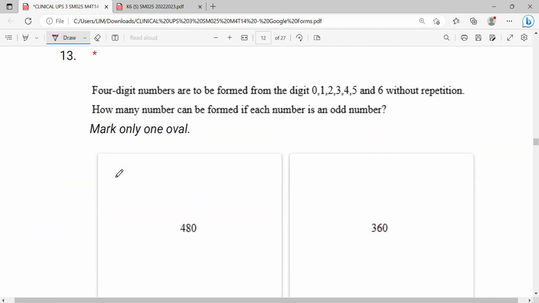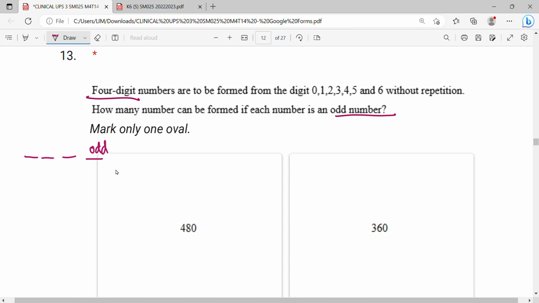4 digits without repetition. So your task here, 4 digits without repeating. So how many numbers can be formed? This is supposed to be an odd number. So when you want only odd numbers, it means the last digit must be odd. So how many choices here?